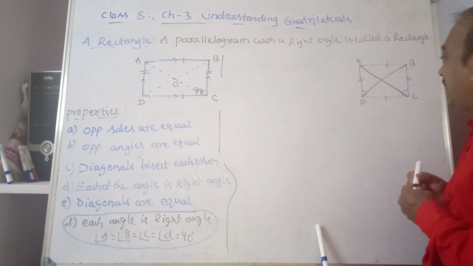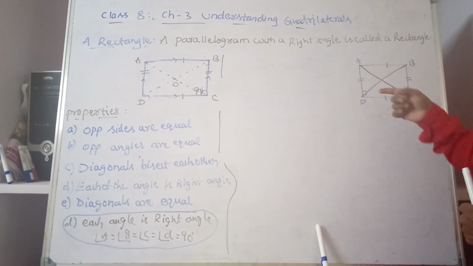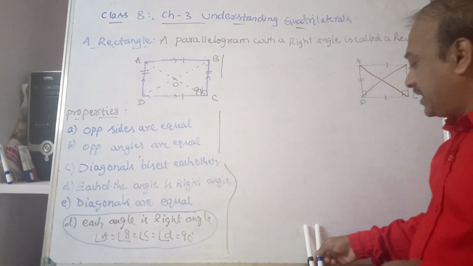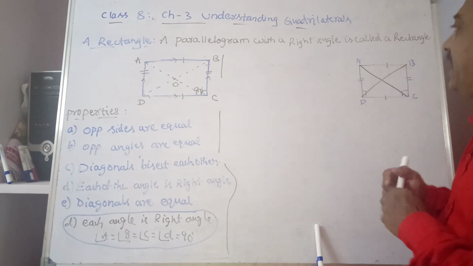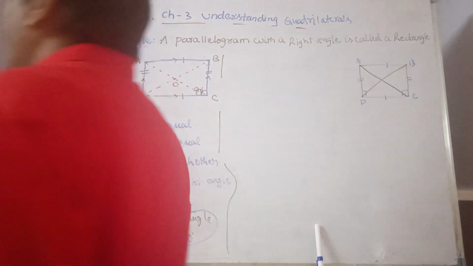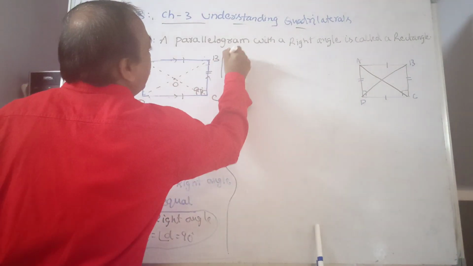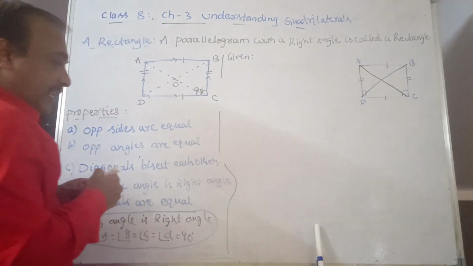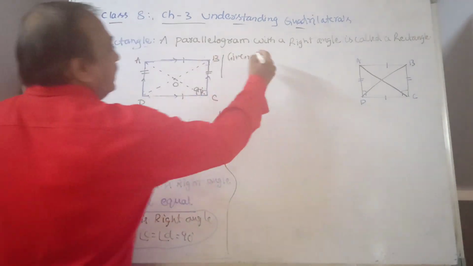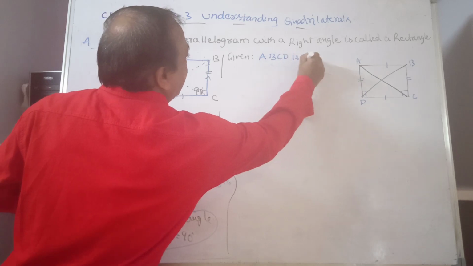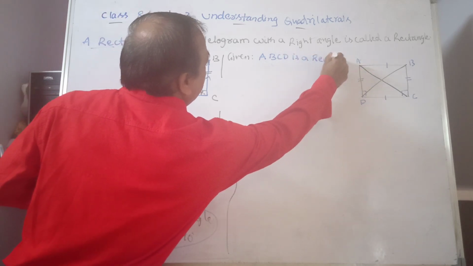We have to prove that AC length is equal to BD length. Okay. So given that ABCD is a rectangle.